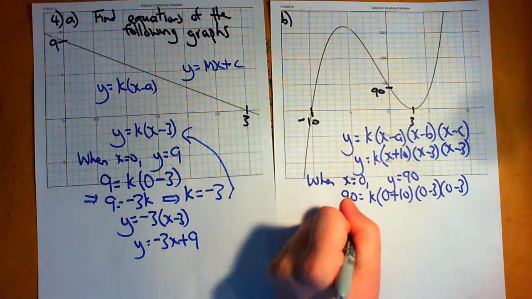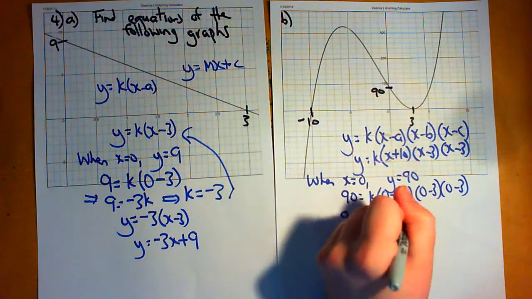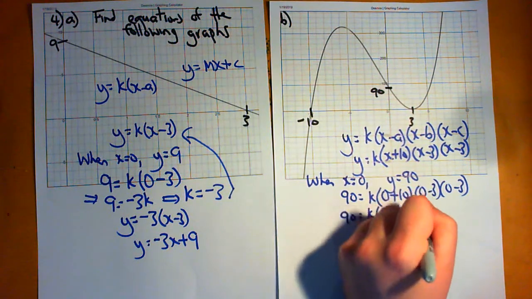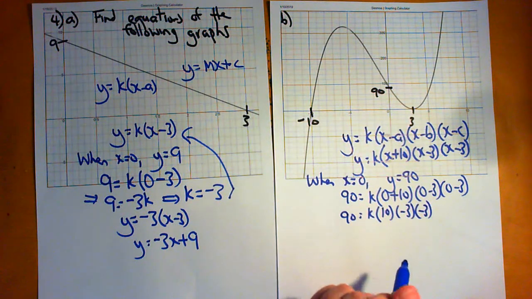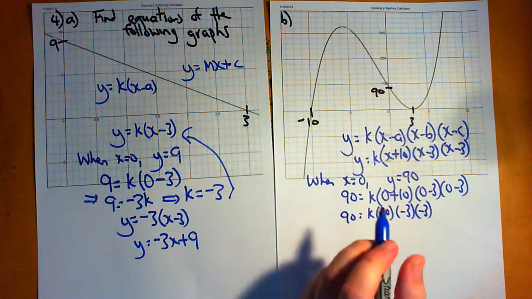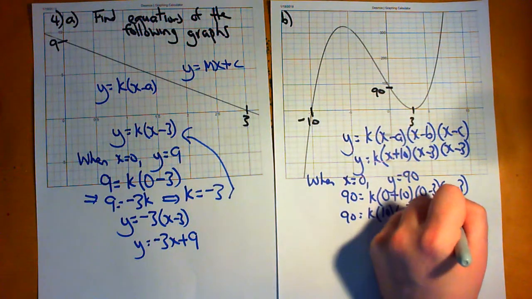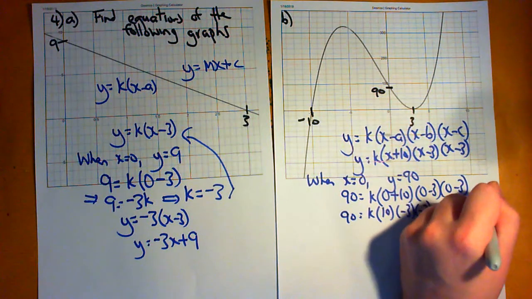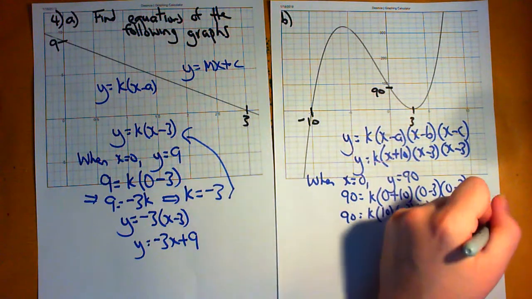So 90 equals k times, that bracket is 10, this bracket is negative 3, this bracket is negative 3. 10 times negative 3 times negative 3 is 90, so this is 90k, so we get 90 equals 90k, so that tells us k equals 1.